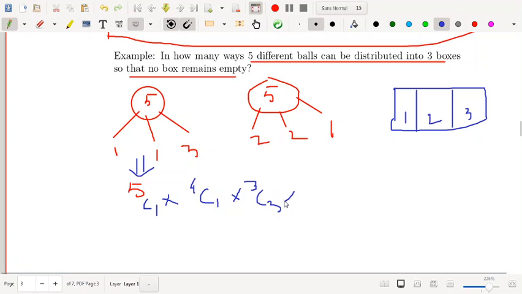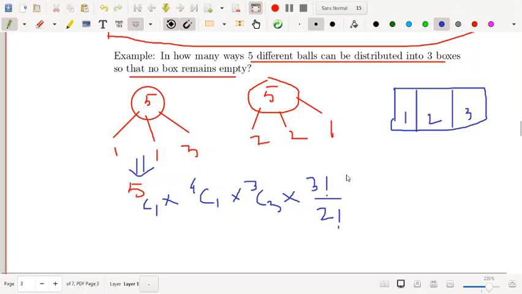Now these balls can be arranged among themselves, that is this box can be arranged among themselves in factorial 3 by factorial 2 ways. Why? Because you have two same number of balls.